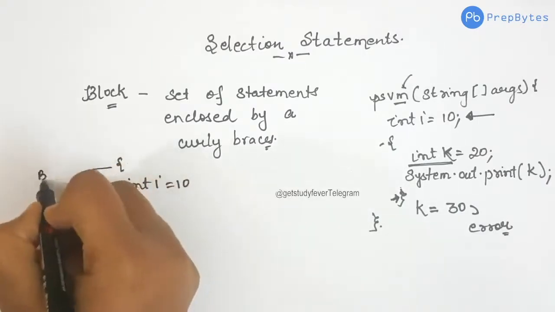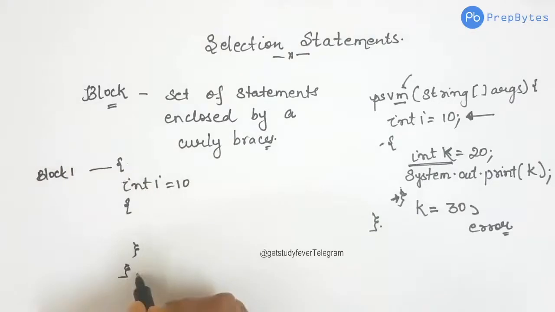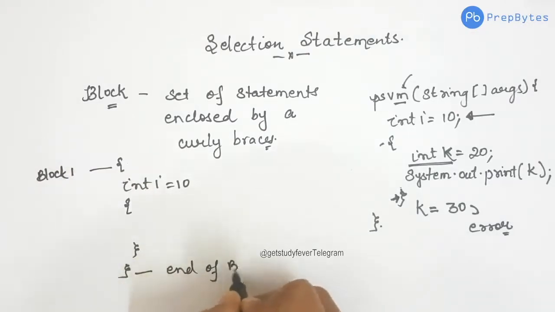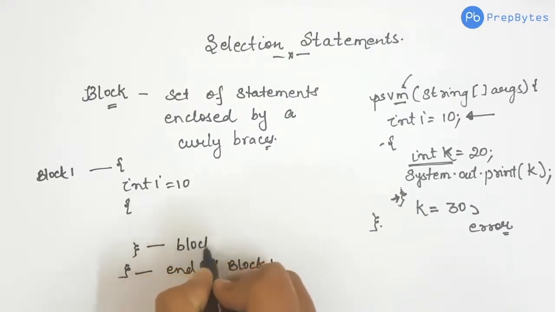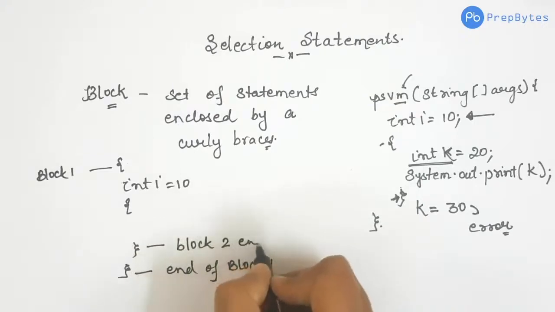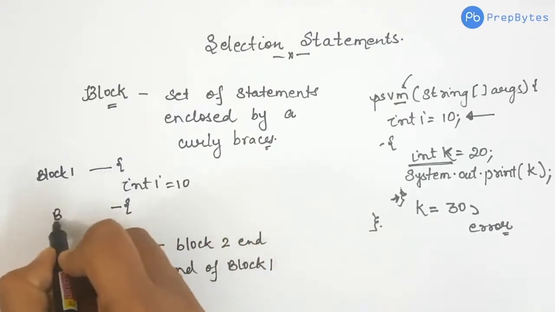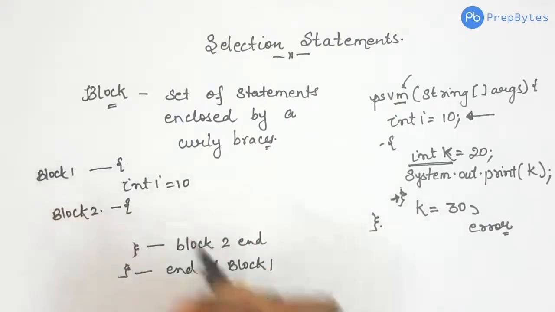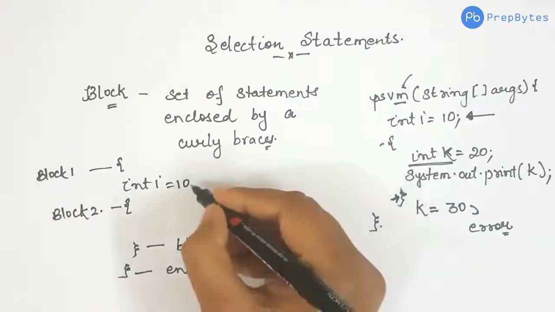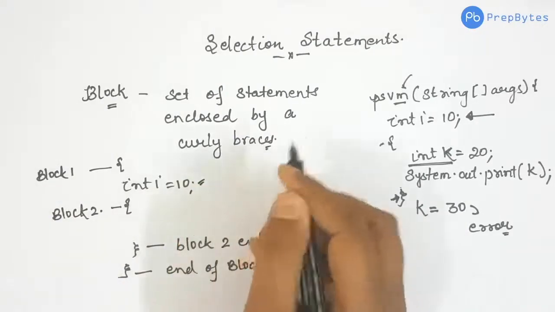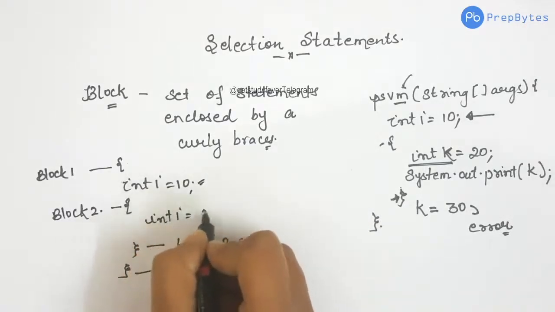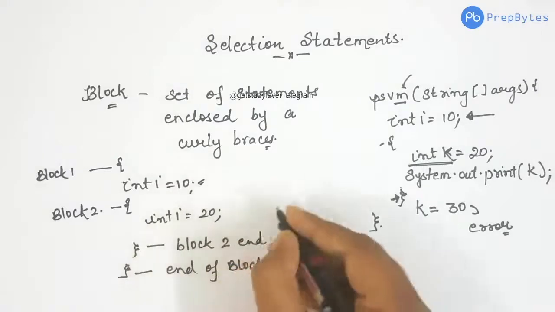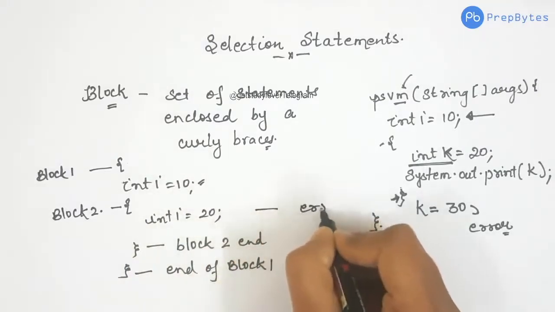Let's say this is the start of block 1, this is the end of block 1, and this is the start of block 2, and this is the end of block 2. Now since I have already done i equal to 10 here, if I again try to define int i equal to 20, this will again give me an error.